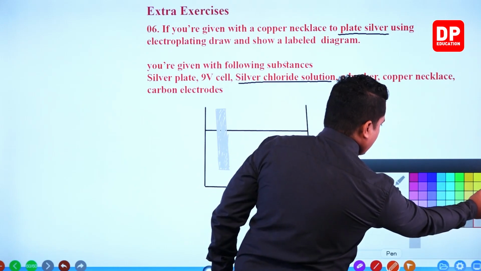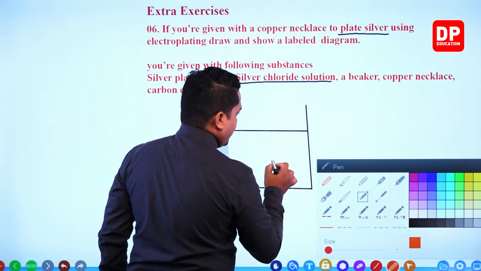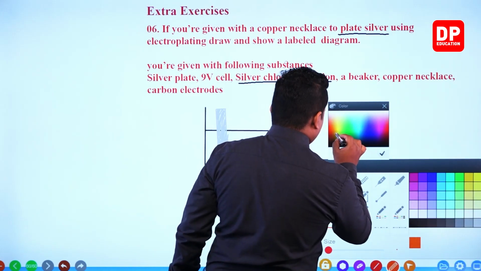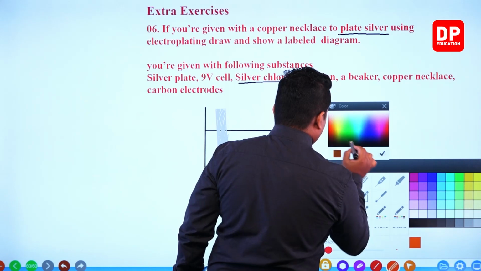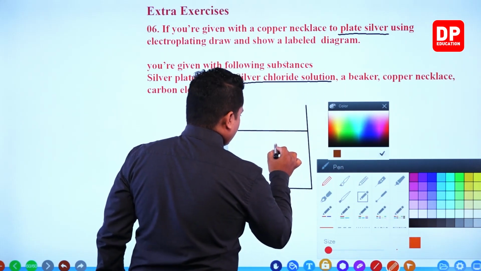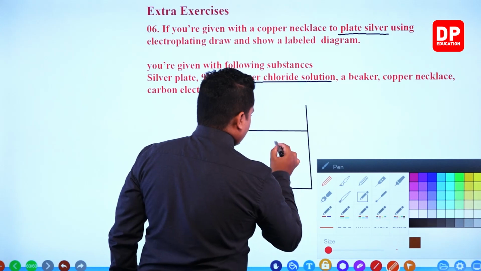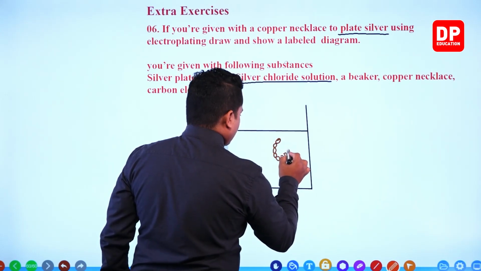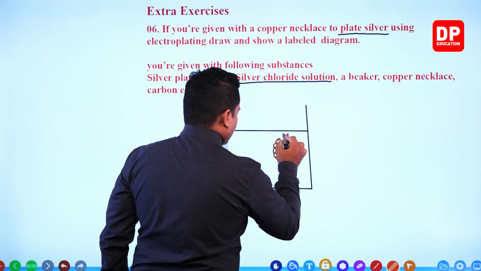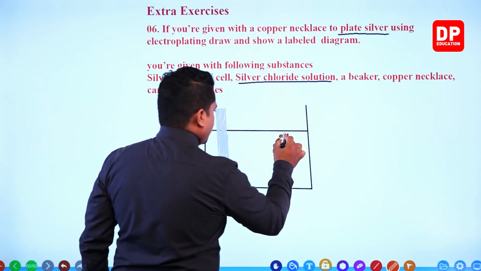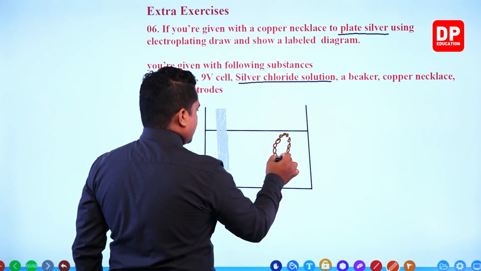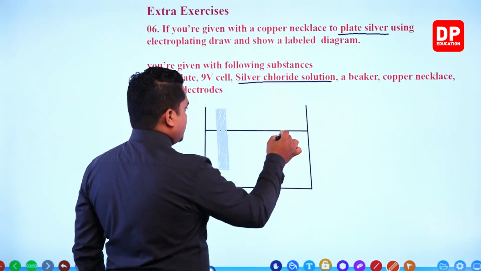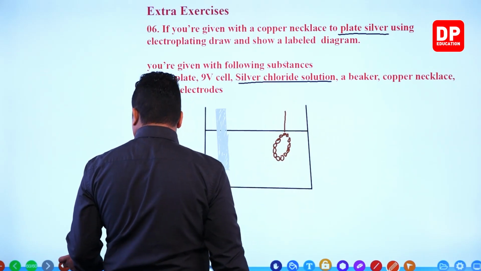Let's draw the copper necklace then. Right. So this is the copper necklace. I have used a distinct color for the copper necklace.